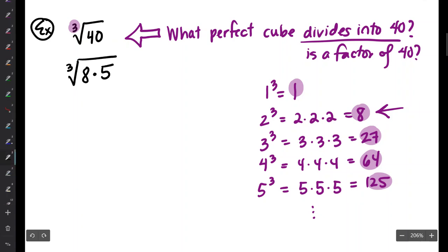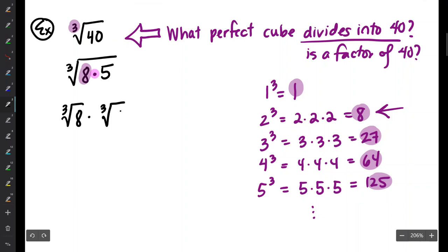Why? Because 8 is a perfect cube. Then I'm going to make use of my product property. This is the cube root of 8 times the cube root of 5. And the cube root of 8 is 2. Why? Because 2 cubed is 8. 2 times the cube root of 5, we can just write it as 2 cube root 5.